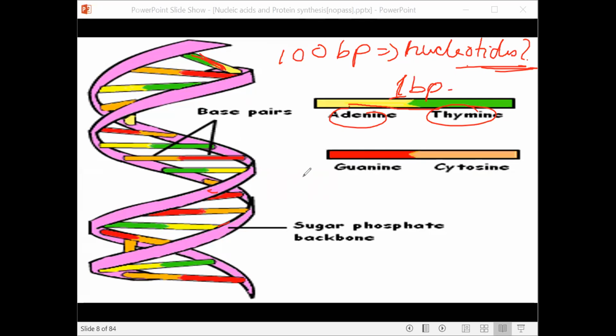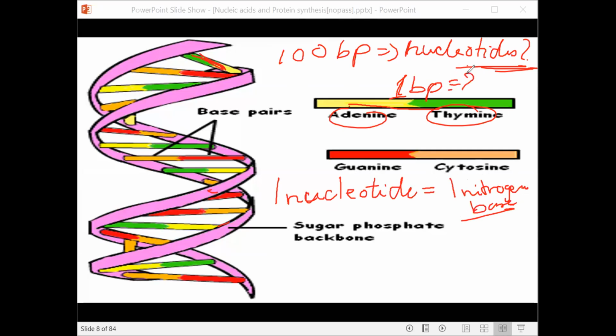Okay, earlier slide we saw that one nucleotide, Prathamesh, correct. One nucleotide contains one nitrogen base attached. One base pair is between two nucleotides. One base pair is equal to two nucleotides. Why?